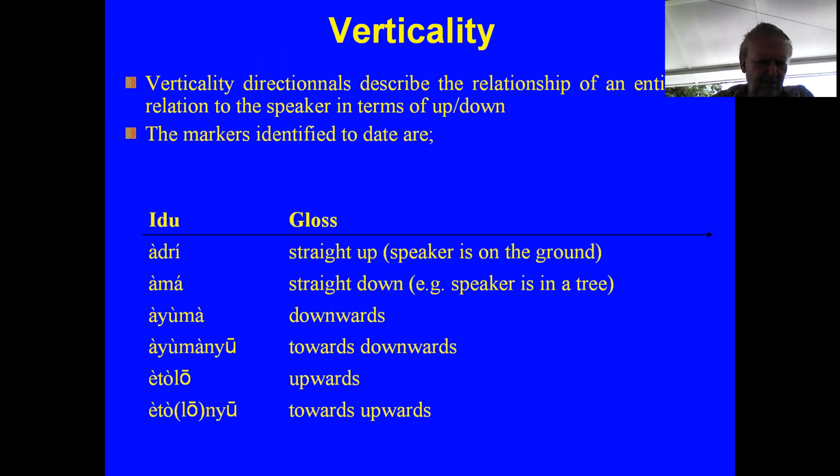So verticality directionals describe the relationship of an entity to the speaker in terms of up and down. And the markers identified to date are given in this table here. So we have Adri and Ama, Ayuma, Ayumanyu, Etolo, and Etolunyu. So you have all these words meaning downwards, and also the concept of towards downwards, in other words, sort of down that way in a rather vaguer way.